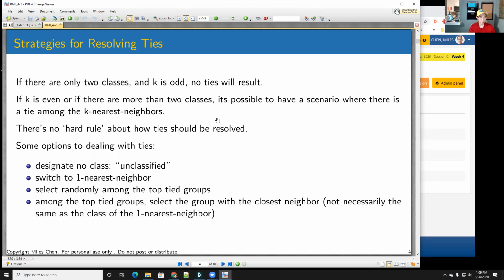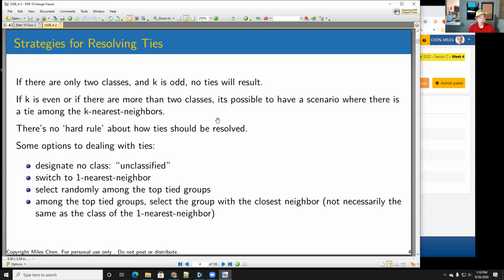Okay, but if you have K to be an even number, or if you have more than 2 classes, even with K equal to an odd number, you can get a tie, right? You can get something like 4, 4, 1. You have 4 of class A, 4 of class B, and 1 of class C. Then you have a tie between class A and class B, and how should you resolve the tie?